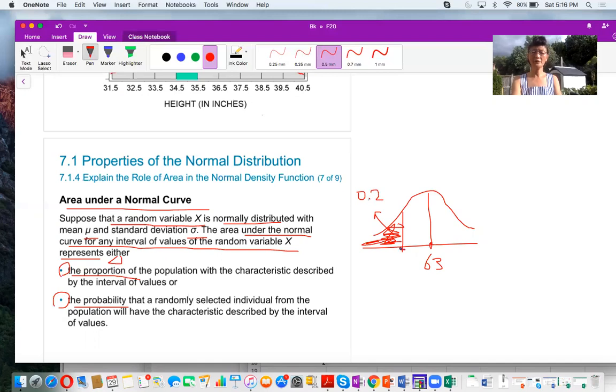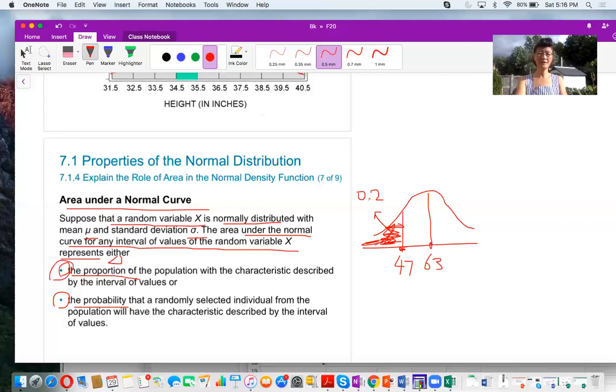And suppose this value is 47, just suppose. Okay. So for our test result, the mean is 63, okay? And this point is 47. This area is 0.2. So how do you interpret this 0.2?